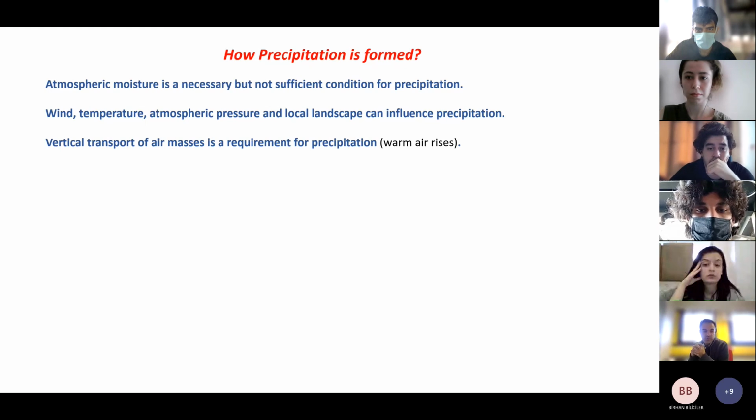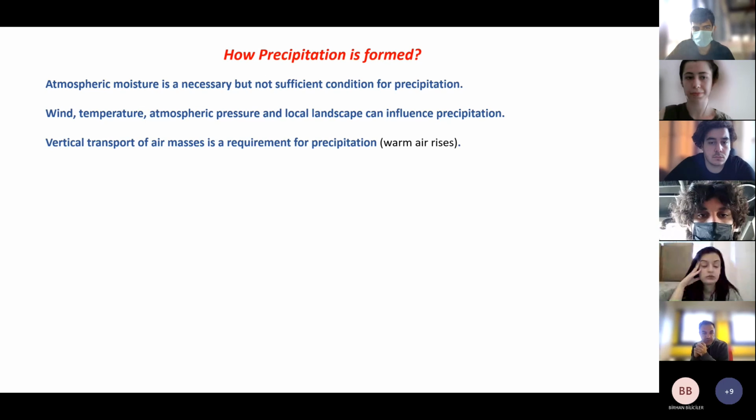So we can say that atmospheric moisture is necessary but not sufficient for precipitation. And also remember that other meteorologic factors like wind, temperature, atmospheric pressure, and local landscape can influence precipitation, meaning they can influence its kind.